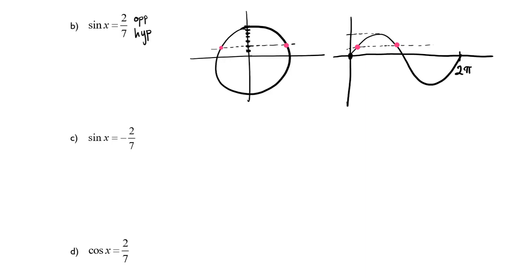Now, I need to figure out what this angle will be in the first quadrant, and then once I have that, then I can just subtract that angle from pi, and that will give me my other angle in the second quadrant.